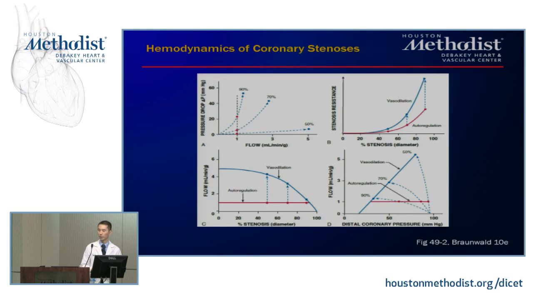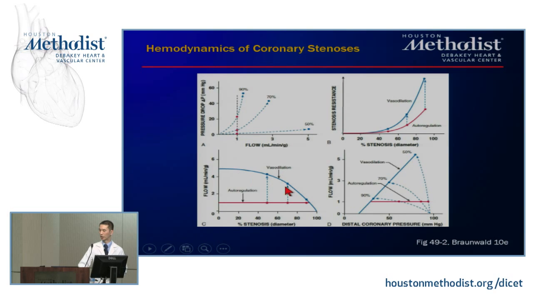Okay. So in terms of the hemodynamics of coronary stenosis, this is a nice graph showing what happens as you get various grades of stenosis. Shown here, for example, is what happens when you start off with a 50% lesion versus a more significant 70% and 90% in terms of what happens to the pressure drop with a given increase in flow.